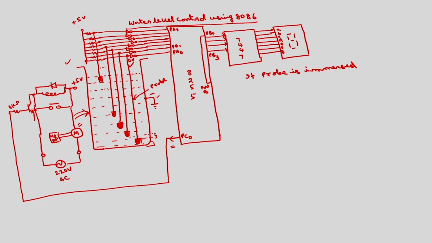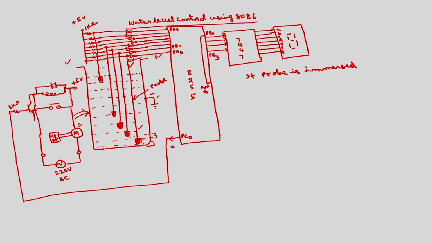Even if I have connected these 5 volts through some resistor values, say some 1K or 2K, this voltage here will be 0. Okay. So, if you directly connect this voltage to PA0, this will be negative logic. To convert this negative logic into positive logic, I have connected through an inverter. So, this will be 1.